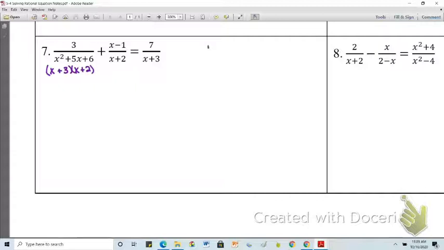So to find my least common denominator, remember we find our shared factors and write them once. And then any leftover factors get brought along. In this case, I don't have any. So when I'm writing out this next step, I am going to go ahead and write the first fraction in factored form on the denominator so I can cancel things out.